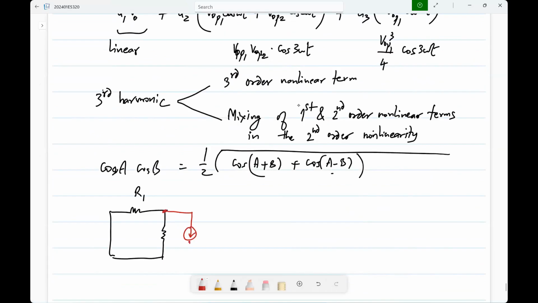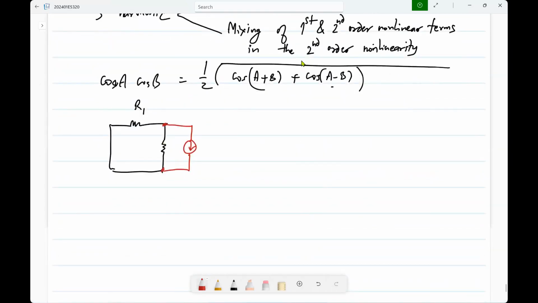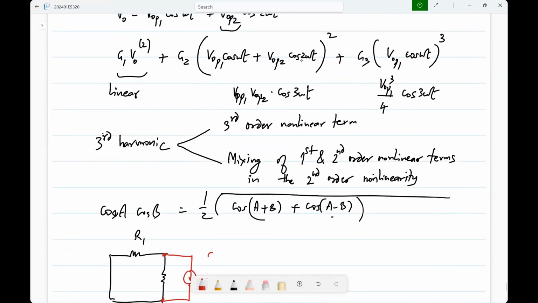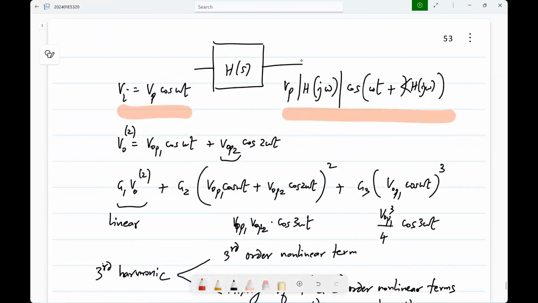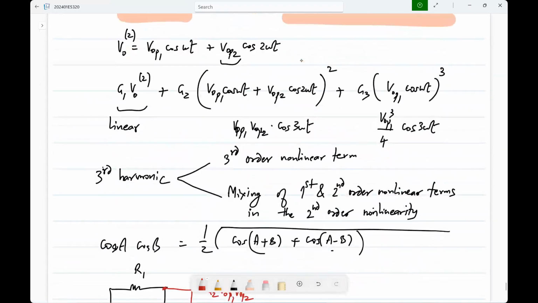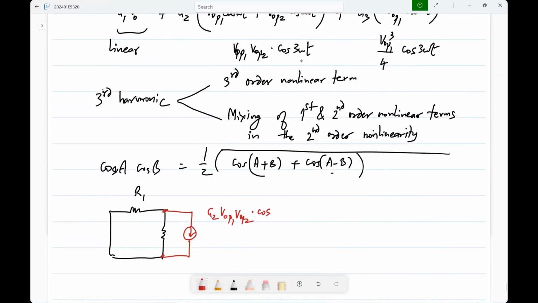We have an incremental input because of the second order term, which is G2, VOP1, VOP2 cos 3 omega t plus G3 VOP1 cube by 4 cos 3 omega t. I'm just showing it with sinusoids because they are familiar. But of course, you can do this with complex exponentials, take the real part, and so on. Okay. So this term comes from third order nonlinearity. This term comes from second order nonlinearity.